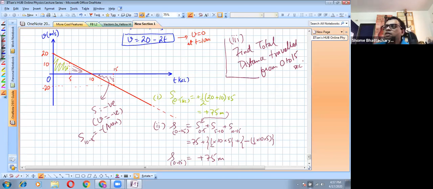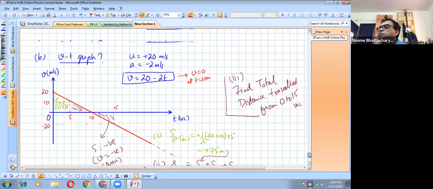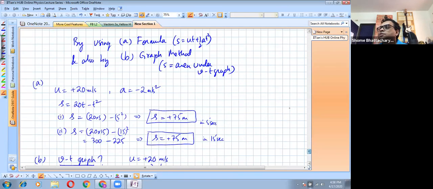Right, so I'm waiting for the answer for the third part, in case you already started working on it. Okay, so continue working on the third part for the benefit of anybody who has missed out writing the formula based approach.